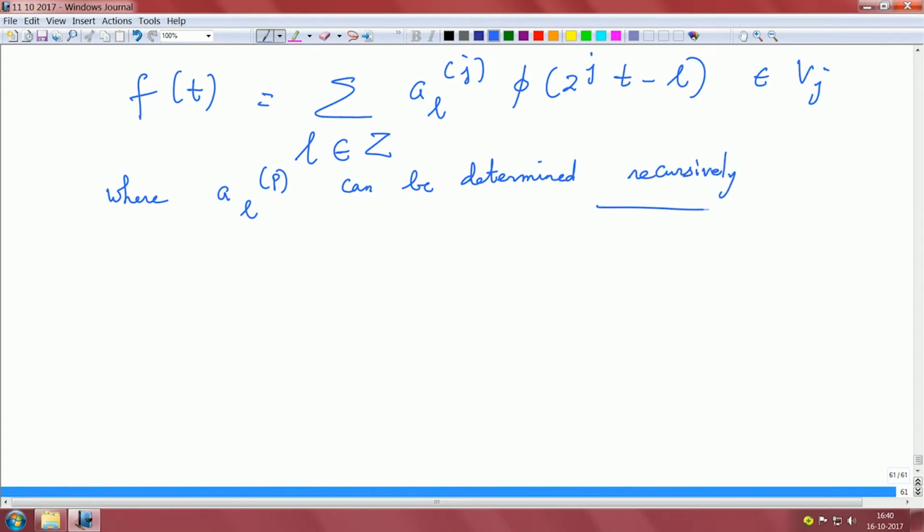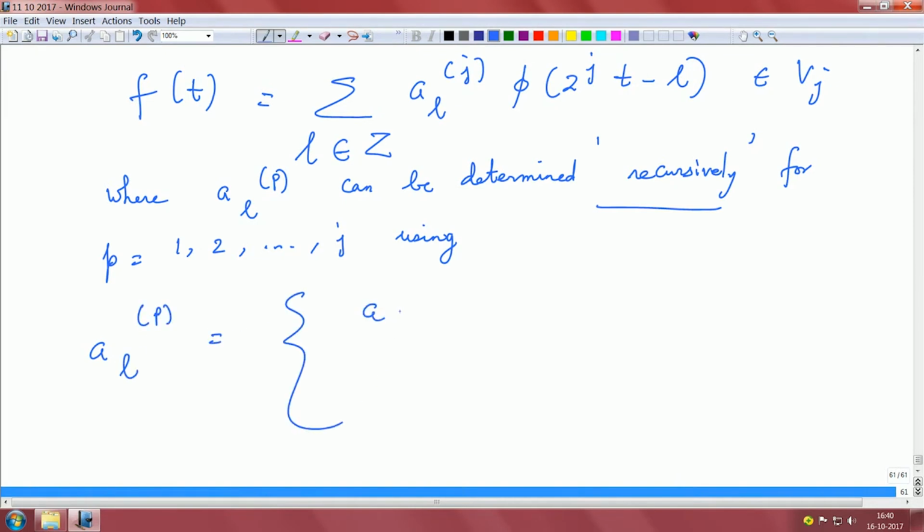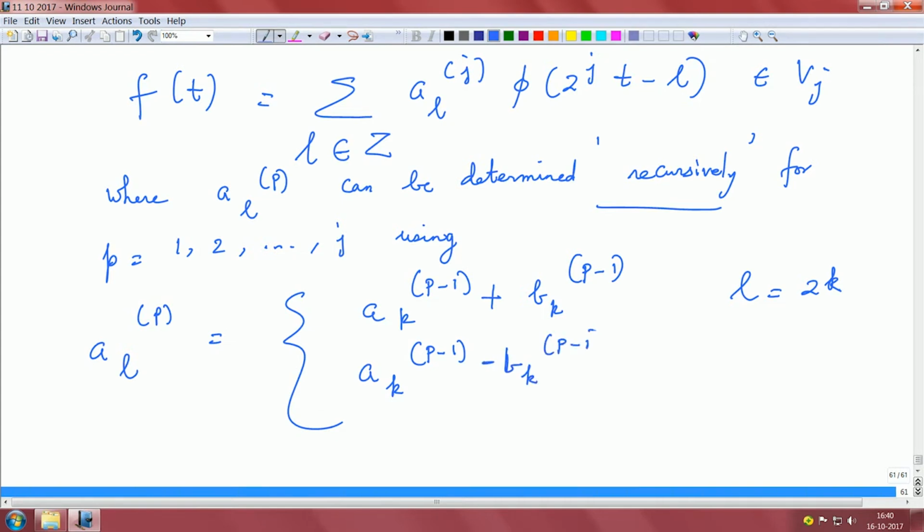This is very important because we are linking one scale to another scale, for p equals 1, 2, so on till j, using the recursion AL of p equals AK p minus 1 plus b sub k p minus 1 for L equals 2k, and a sub k p minus 1 minus b sub k p minus 1 for L odd, which is 2k plus 1 form.